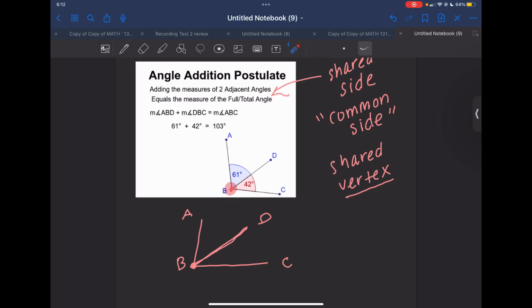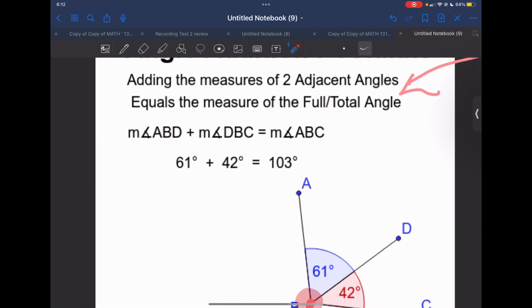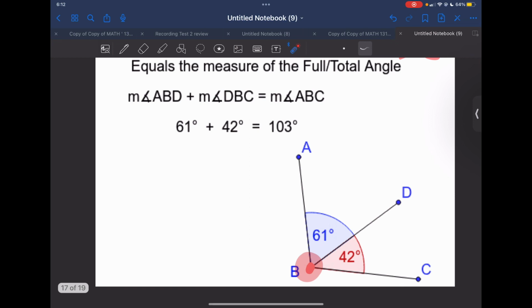So let's look at this closely. ABD, this is the vertex. DBC, this is the vertex. And then together, the super angle is ABC, and that's the vertex. It's the vertex in all of our angles.